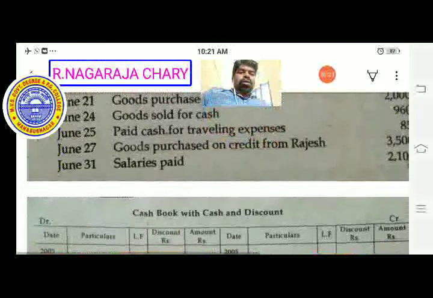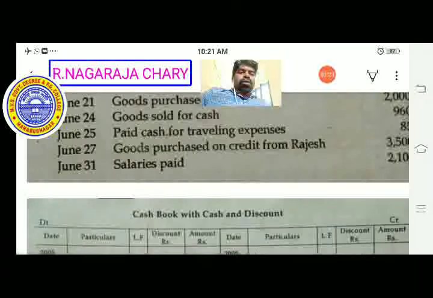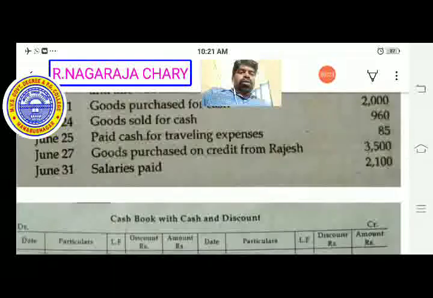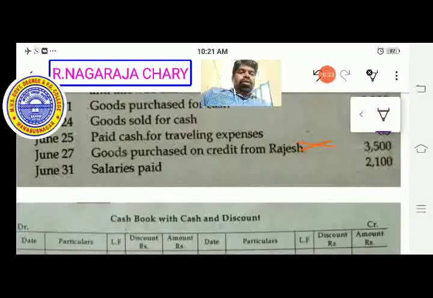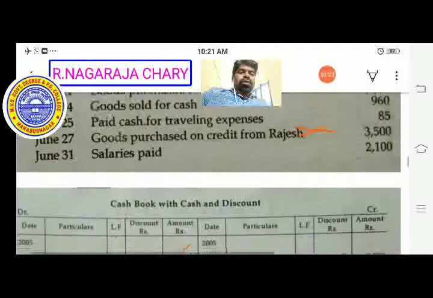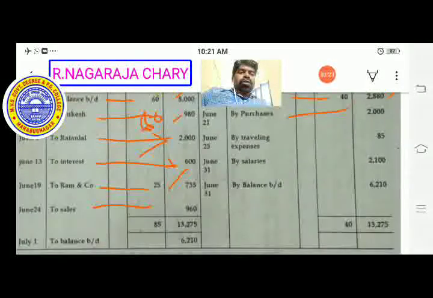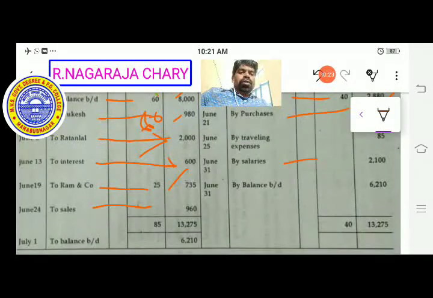Next, goods purchased on credit from Rajesh. Here you don't write this item, because this is a credit transaction. Next, on 31st, salary is paid, that is 2100.